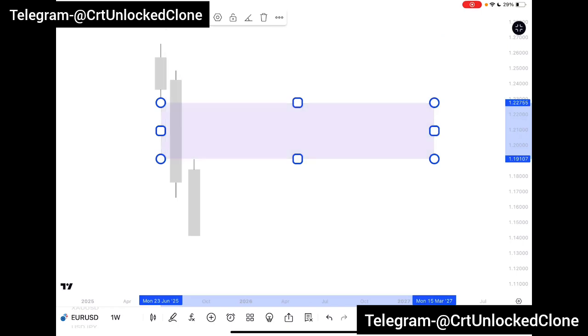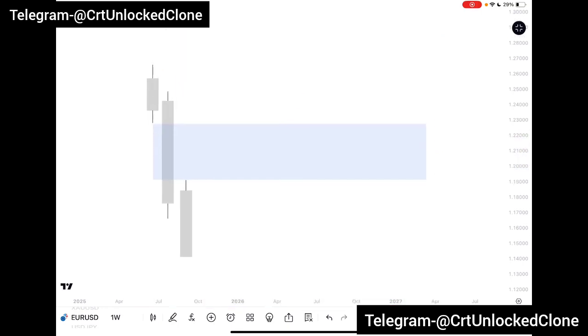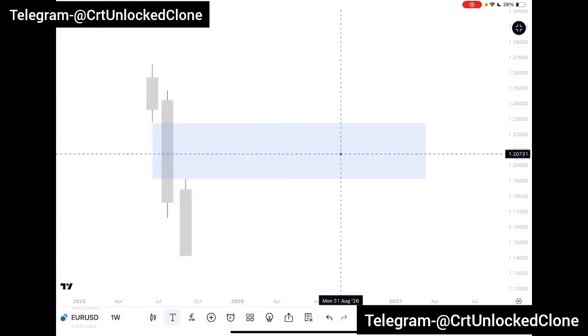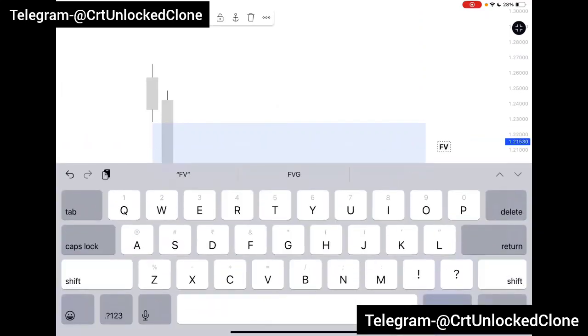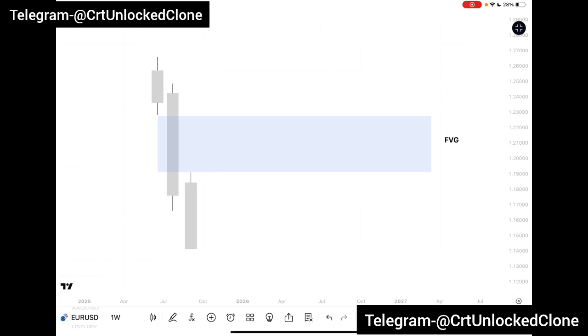So now this is our key level FVG, and let me write it so that it will be so clean for you guys. This is our clean key level FVG. So now we got our clean key level FVG.